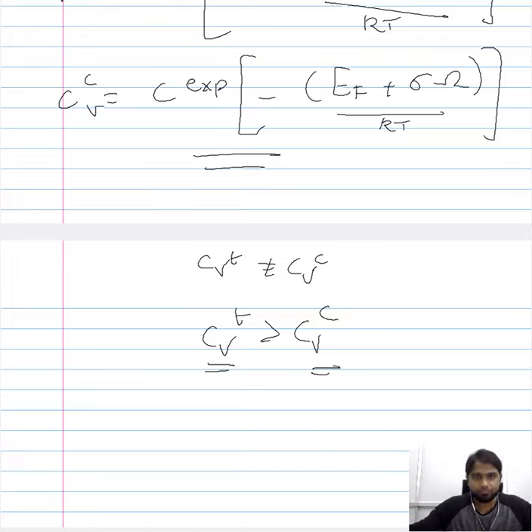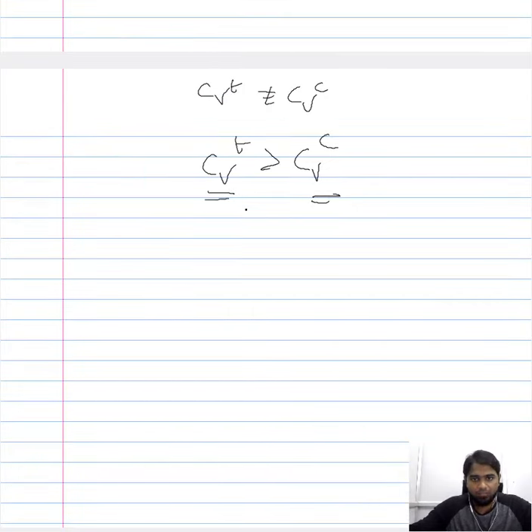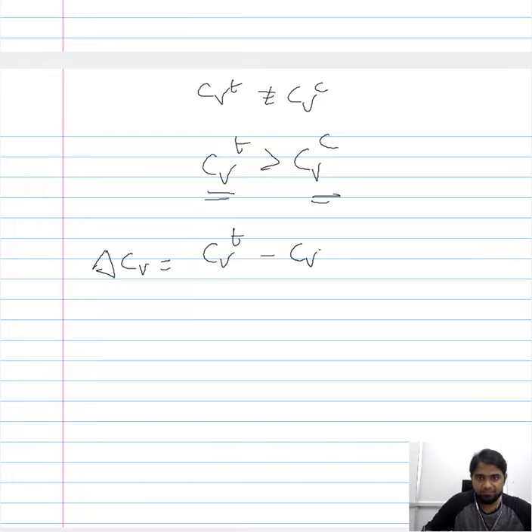So now we can find the difference in the number of vacancies because of the compressive and the tensile loading. Let that difference be referred to as delta CV. This is nothing but CVT minus CVC.